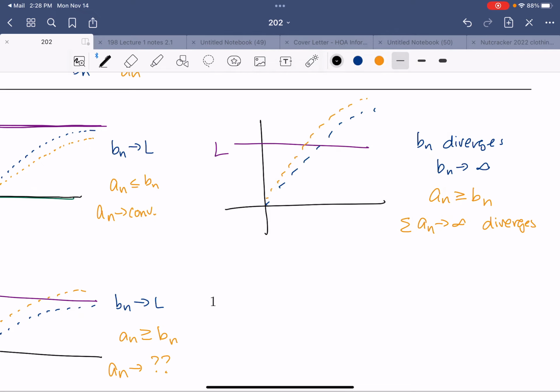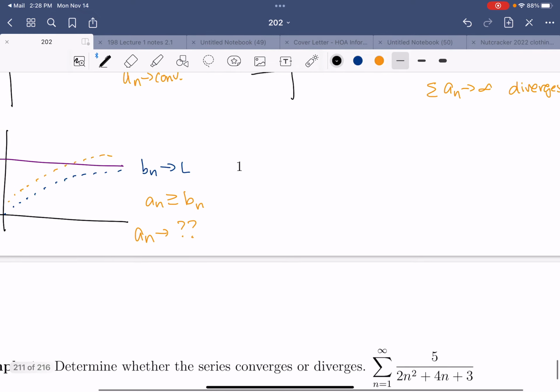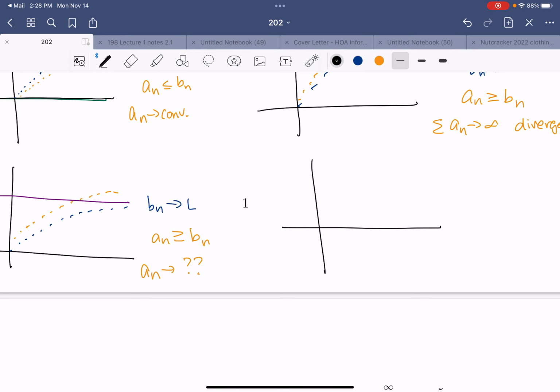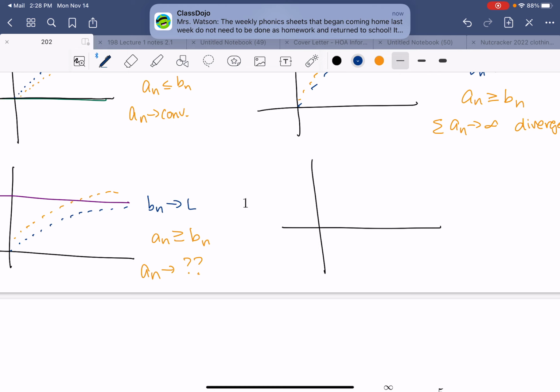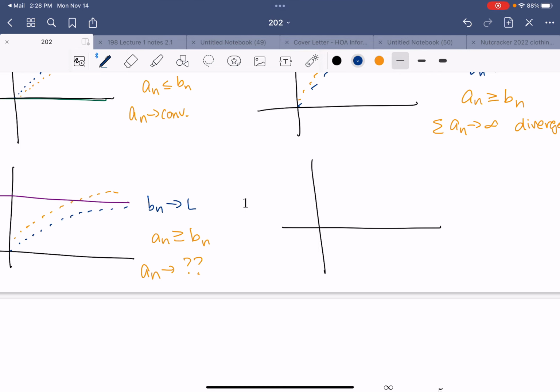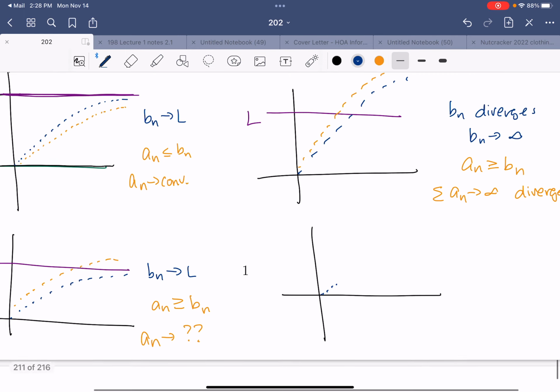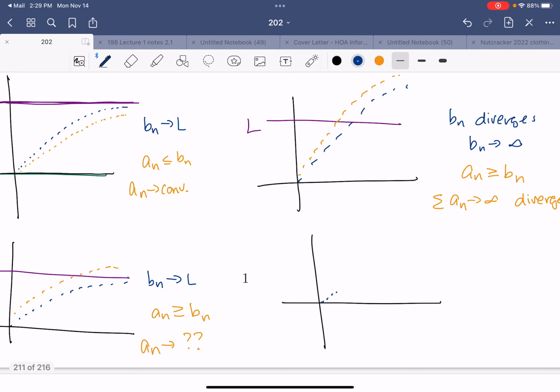And then the other case that we could have: what happens if BN diverges, so BN's going off to infinity, and I now have AN less than or equal to BN.